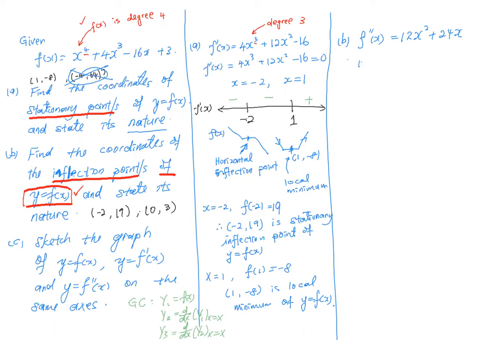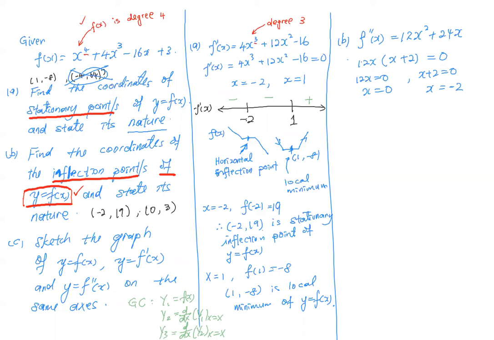So you have 12x(x + 2) equal to 0. You can straight away factorize. So 12x equal to 0, so x equal to 0. 12 cannot be 0, correct? x + 2 equal to 0, so x equal to -2.